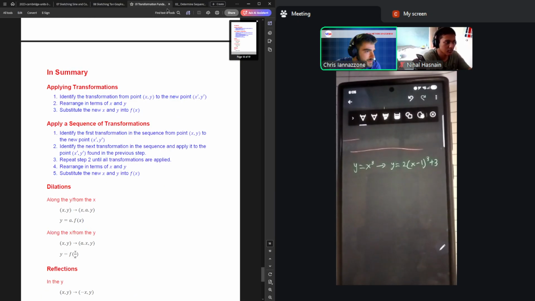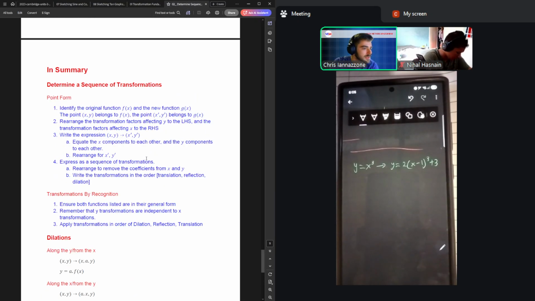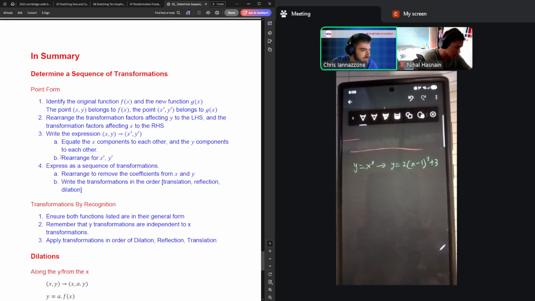I'll leave the procedure to follow, and we'll update step 3b. I'll jump in there just to make sure we do that right for DRT instead. But for now, let's see how far you can take it. What's our first thing that we should be doing? So the original function and the new function.